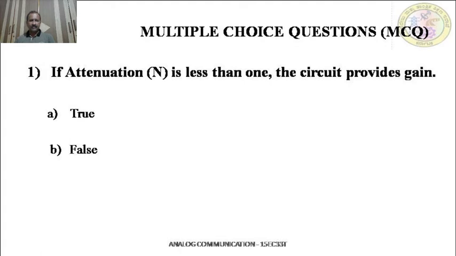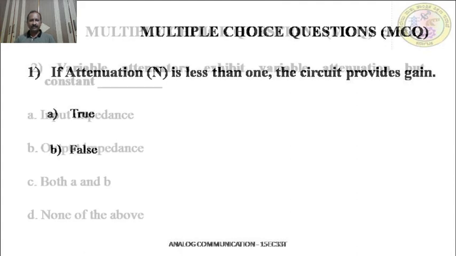The answer is true. In the previous slide I showed that n greater than 1 provides attenuation. So in this case the answer is true, it provides gain. N is less than 1, the circuit provides gain.